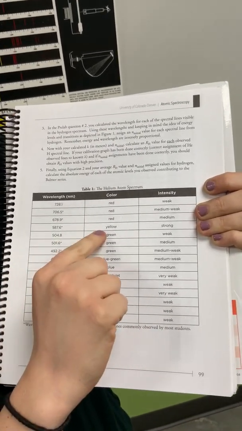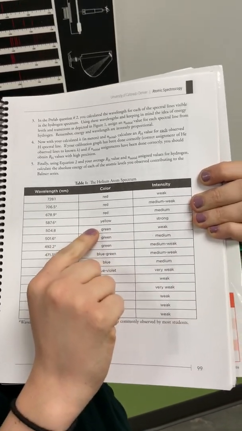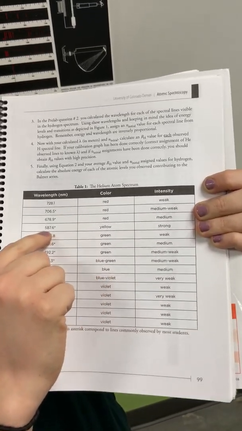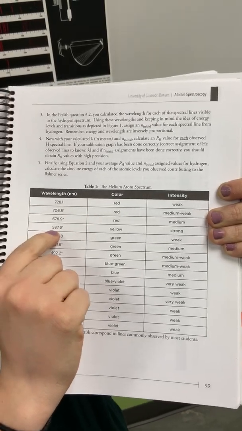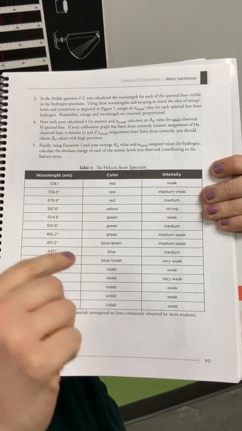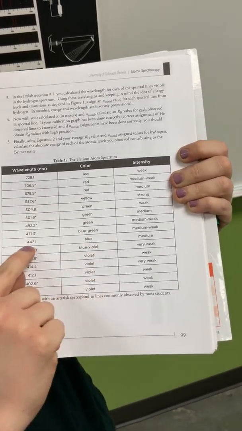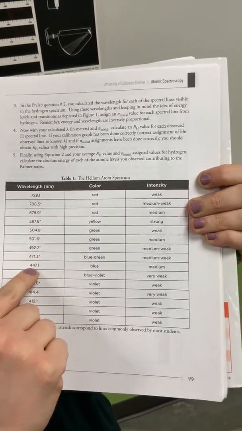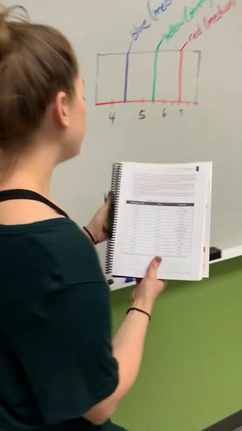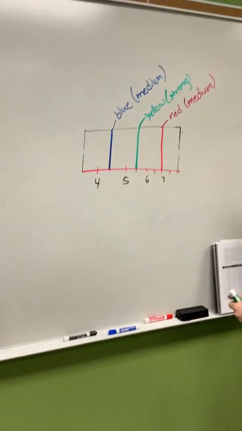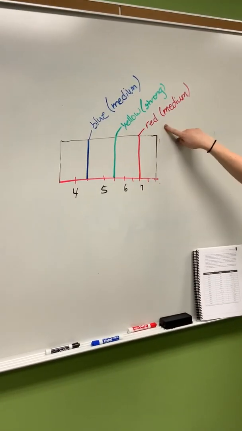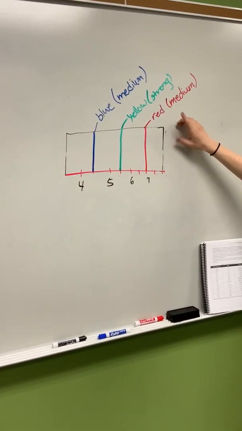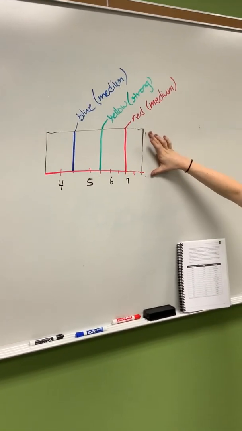If we go down to yellow and we say yellow is weak, well, we can say, okay, that weak yellow is 587.6 nanometers. And if we go down to blue, that is going to be 447.1 nanometers. It is those numbers, those wavelengths, as well as the light that you see, that you are going to use to calibrate your spectrum.